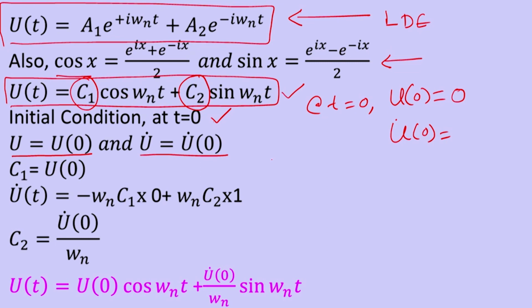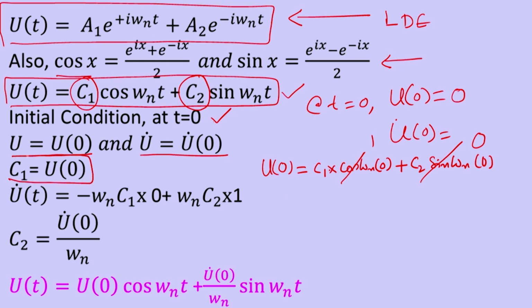So u of 0 is equal to c1 multiplied by cos omega n into 0 plus c2 sin omega n into 0. Sin 0 is 0, so this entire term goes to 0, and cos 0 is 1. That gives us c1 is equal to u0. So this constant c1 is evaluated.